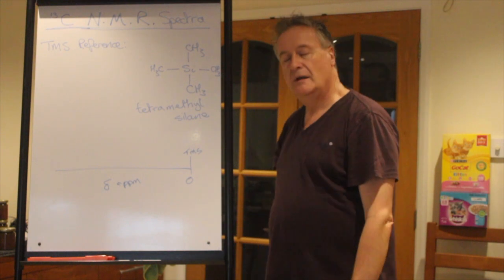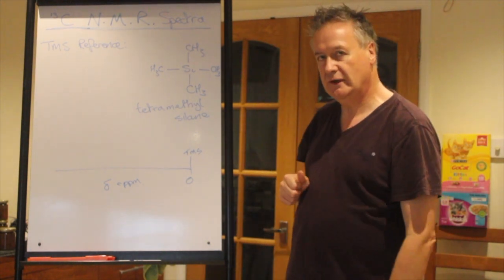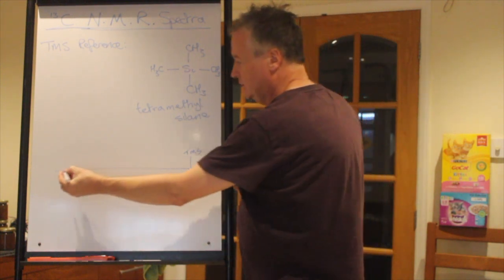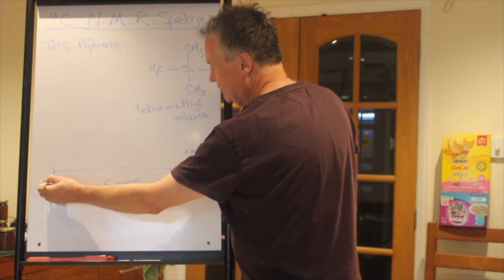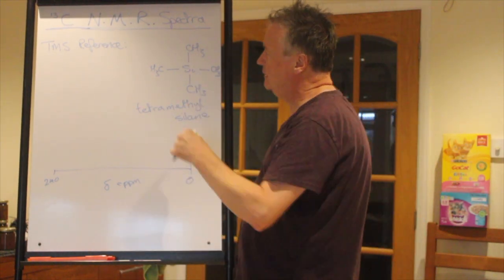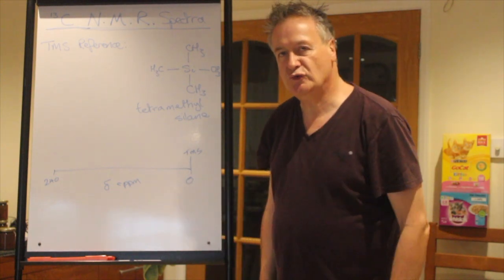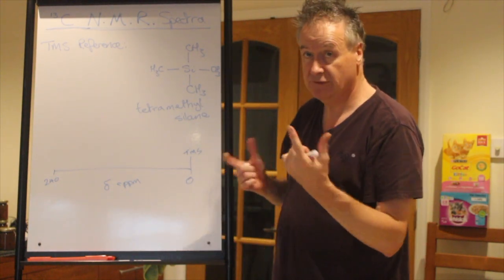Now, if you're doing carbon-13, the ppm values are larger. If it's ppm for carbon-13, it goes up to around about 240 on that scale. If you're doing proton NMR, it goes up to 12 because the energy differences are much smaller.